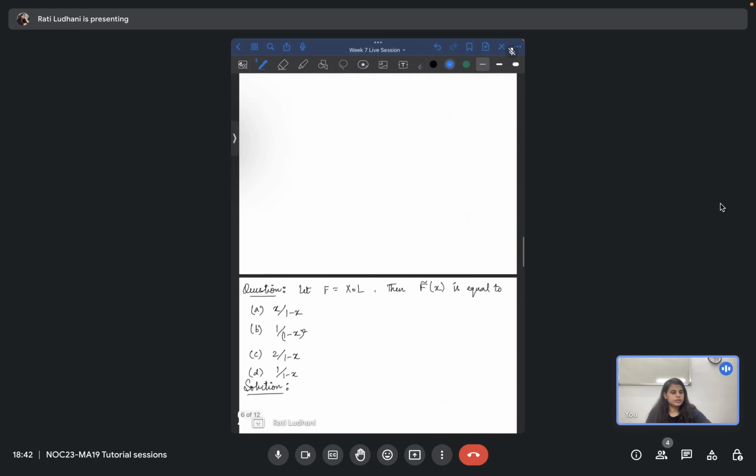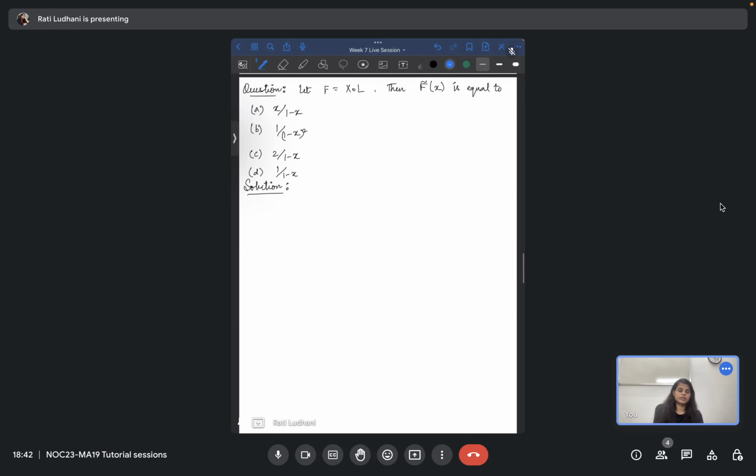Okay, let's move to the next question then. Let f be equal to x of L. Now the composition is coming into the picture. So f is equal to x of L, and f tilde x has been asked. Let's try to compute it. If you know the formulas, I can just recall them.